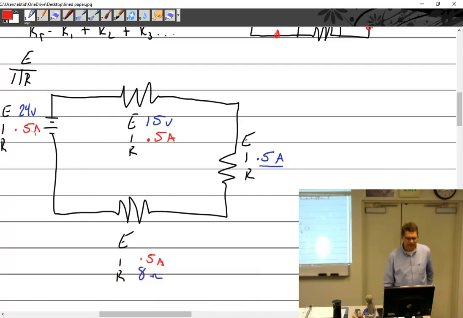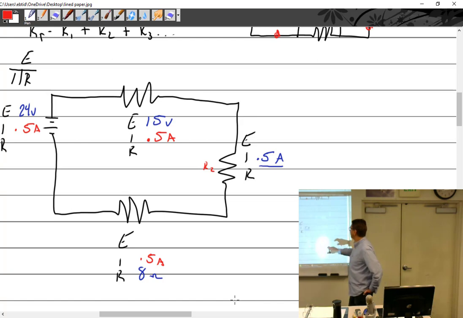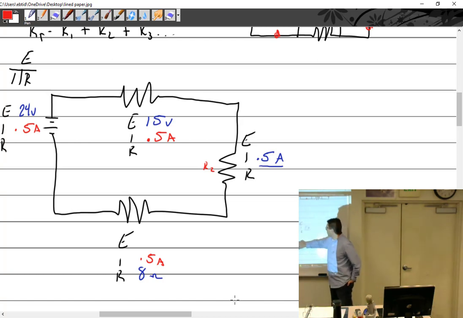All right. You lost it for a second. How did you come to 0.5 amps on the 15 volt? Okay, blue is given. I left everything in blue as a given. So if I know that my current flow through, we'll say this is R2, happens to be half an amp, in a series circuit, what is the current flow through the circuit?